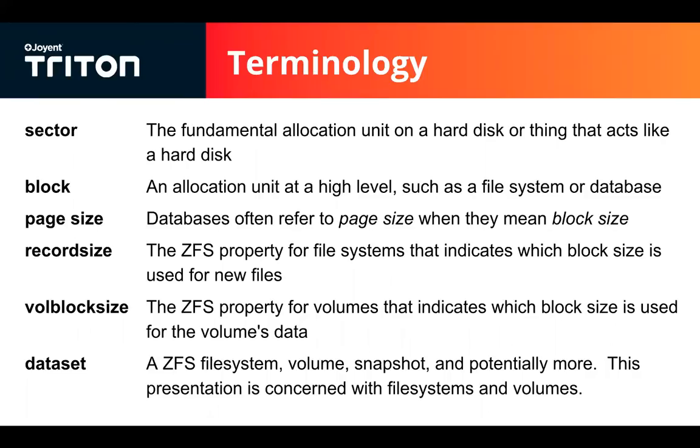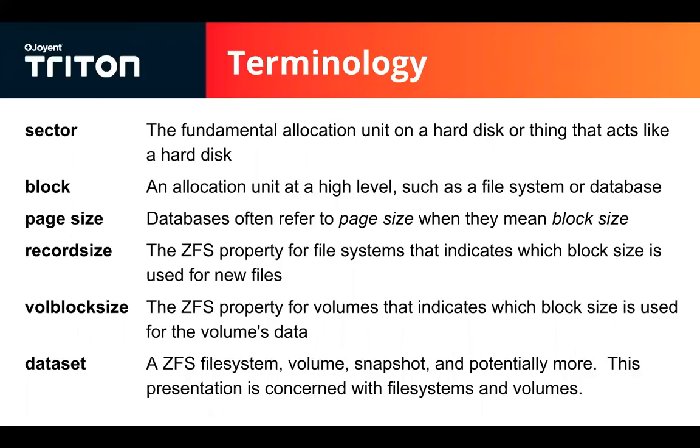It's easy to get confused between sectors on a disk or blocks on a disk and blocks at a higher level. So whenever I'm talking about a block on a disk, I'll try to call that a sector. A block will then be an allocation at some higher level at ZFS or perhaps in a volume or in a database.